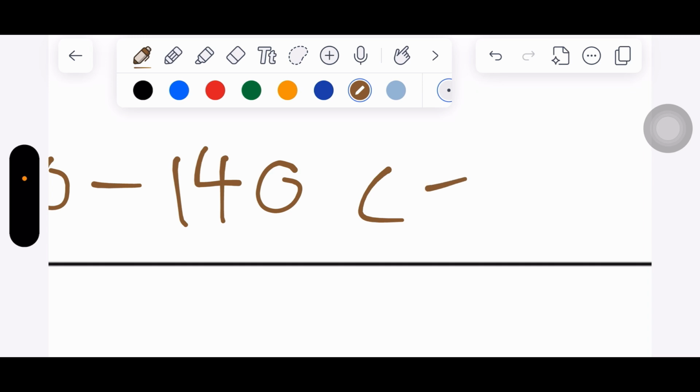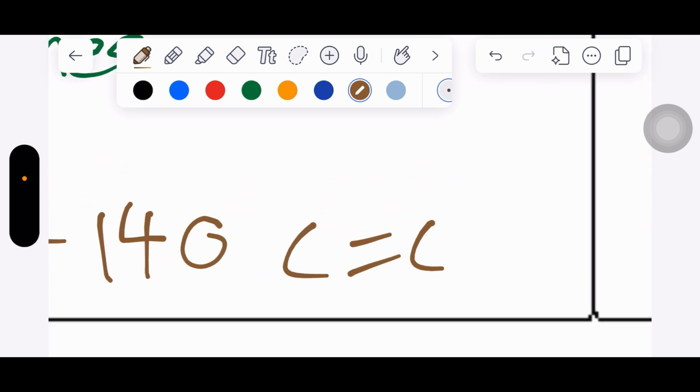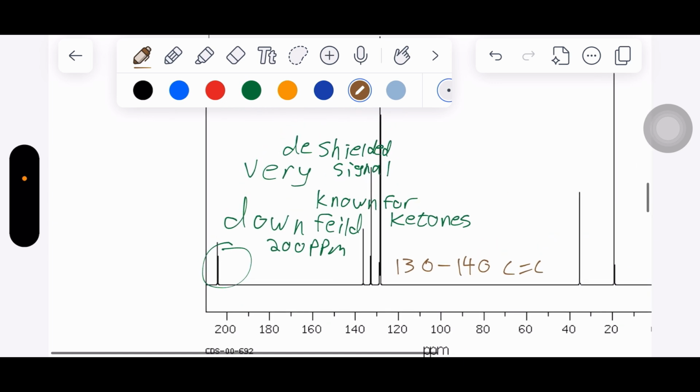This is a carbon double bonded to a carbon. And there's very broad ones as well. So for this one, the aromatic carbons, there are 4 distinct peaks.